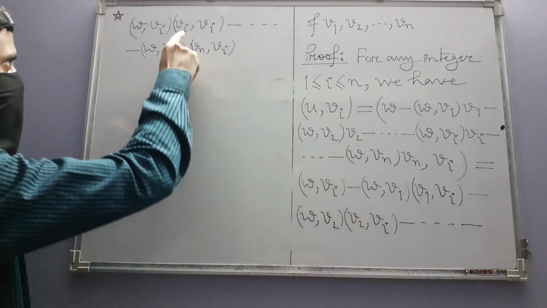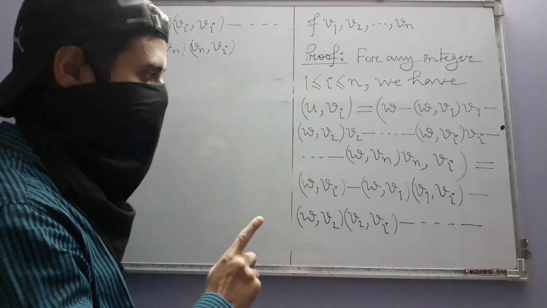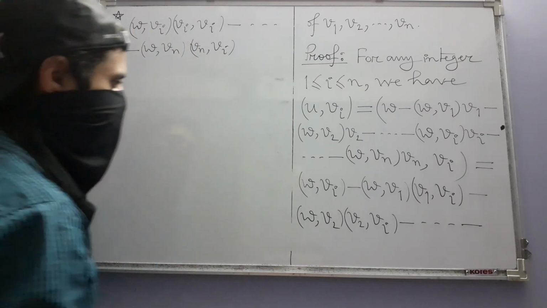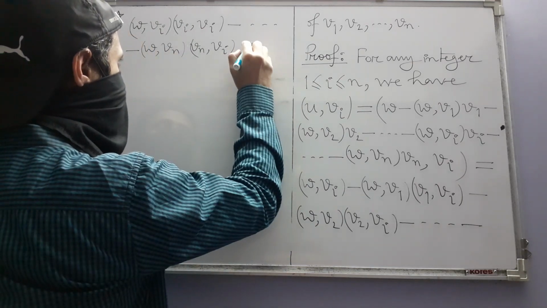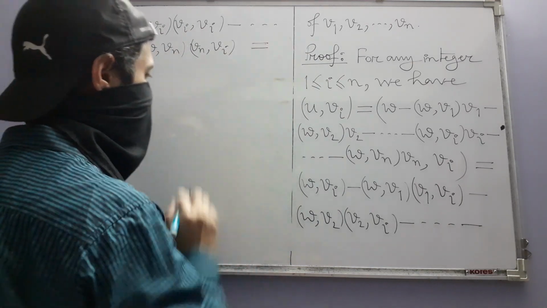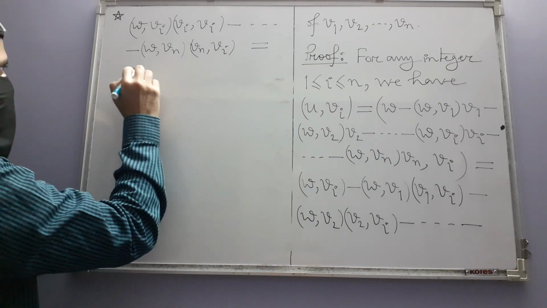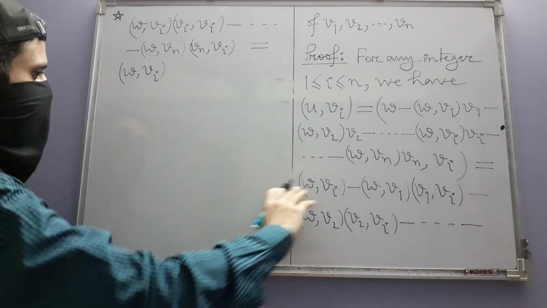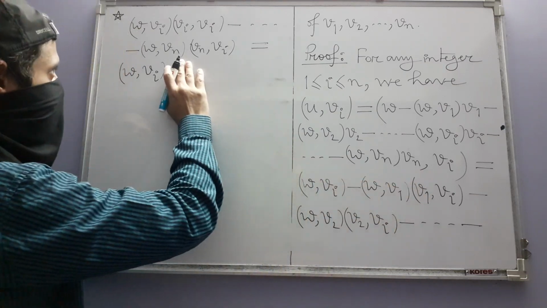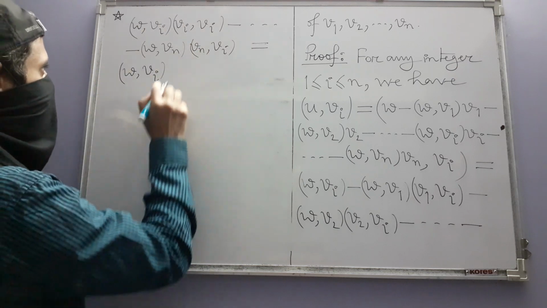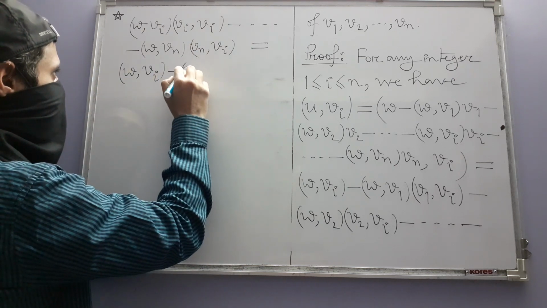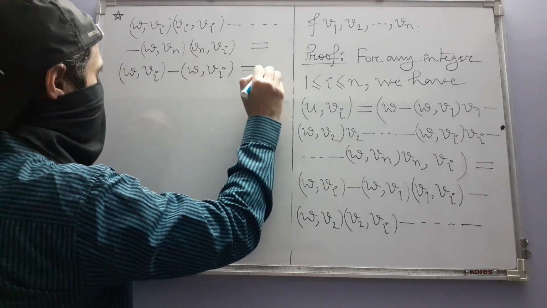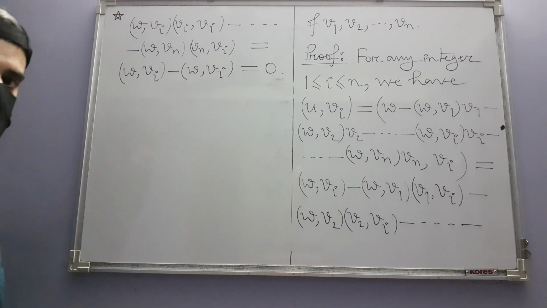All of them will be 0 except this one, which is 1, because vi has length 1. So ultimately this expression becomes w comma vi, the first term, and among the rest of the terms only this one survives, which also turns out to be this same thing. So that's how we get 0.